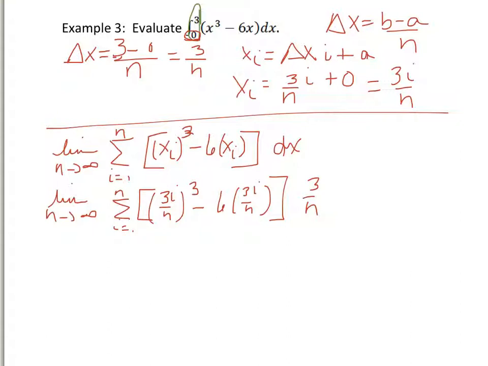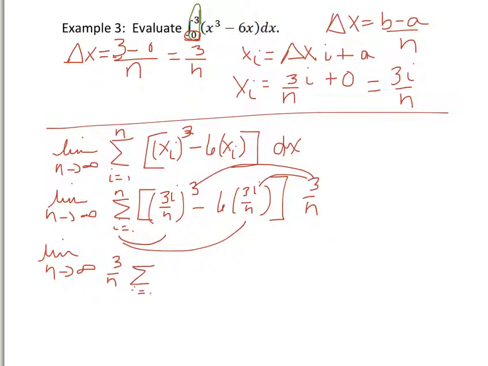So I'm just going to do some simplifying here. So again, I have the limit as n goes to infinity, and I'm going to go ahead and distribute this to both things and separate the Riemann sums at the same time. So I'll have 3 over n out front of both Riemann sums. So i equals 1 to n.